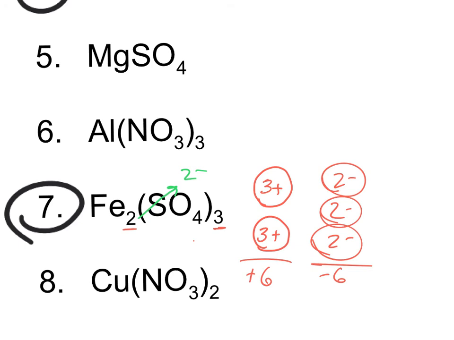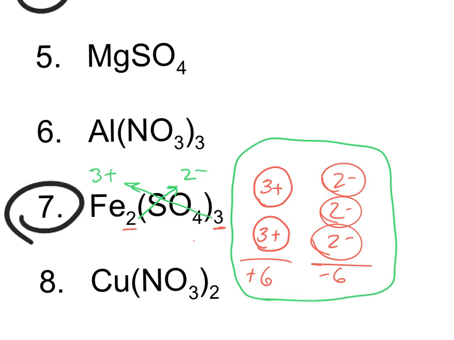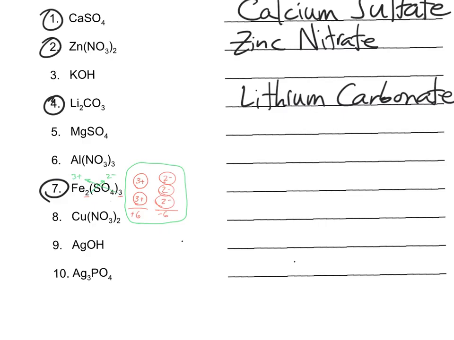That 2 is a 2- charge. This 3 would be a 3+ charge. That's a reverse crisscross. It usually works if you do this. It doesn't always work. The best way to do this really is to think about the ions. And then the name, of course, is iron 3 sulfate.